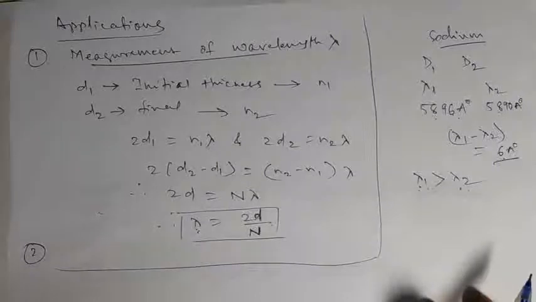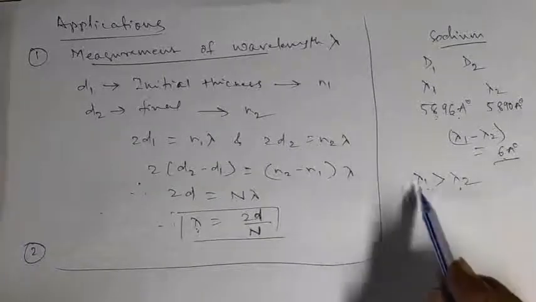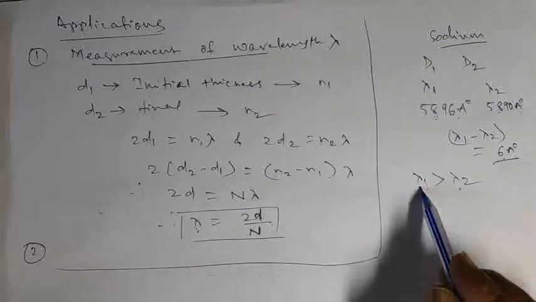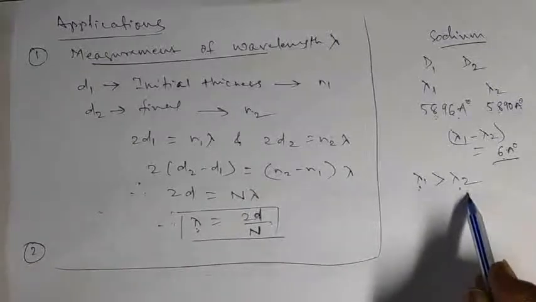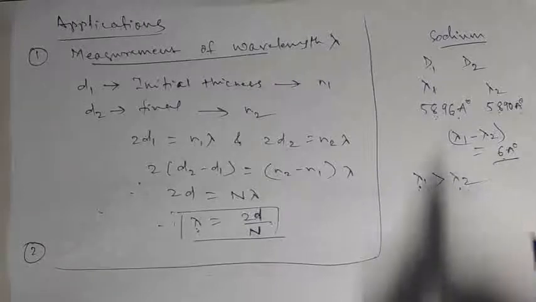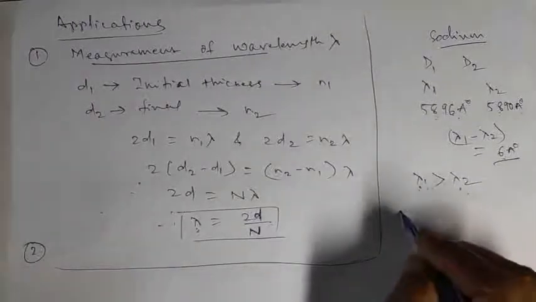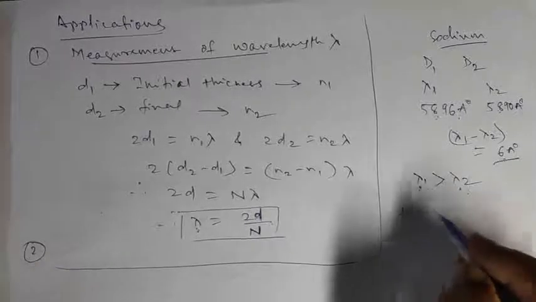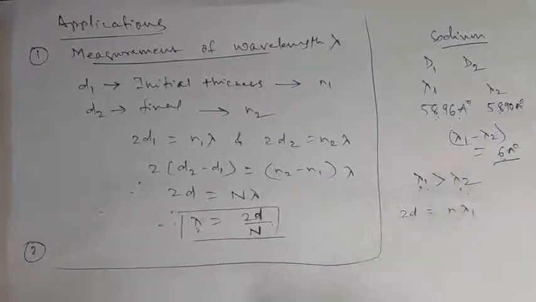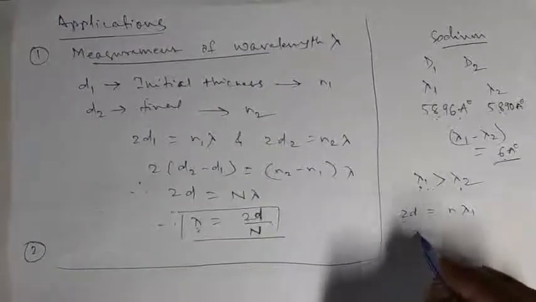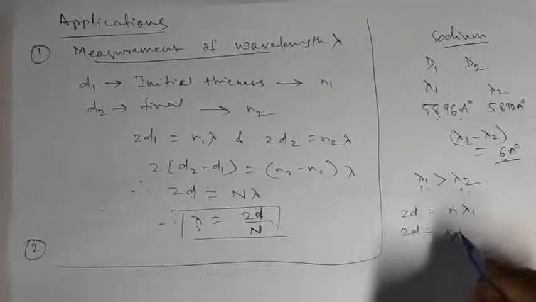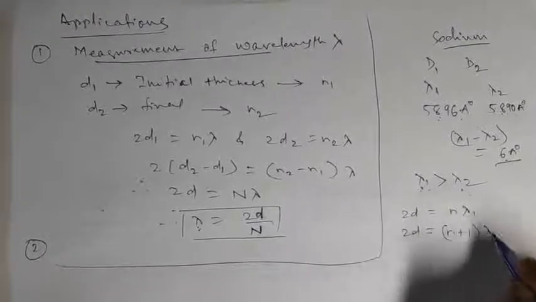This is possible when the nth order of the longer wavelength, lambda 1, coincides with the n plus 1th order of the shorter wavelength, lambda 2, and therefore we can write 2d = n lambda 1, and again 2d = (n+1) lambda 2.